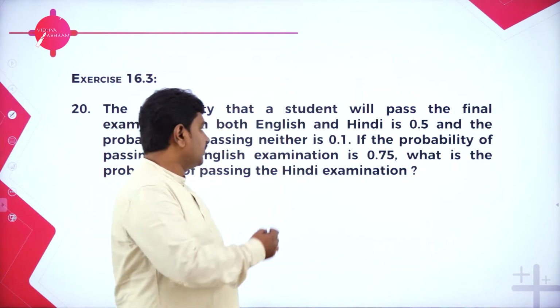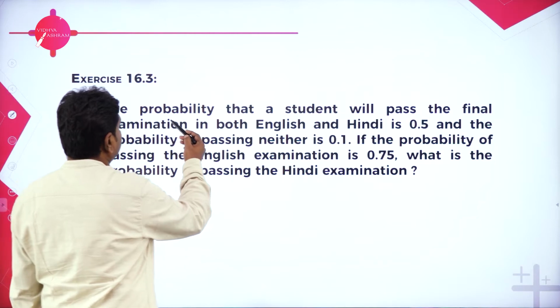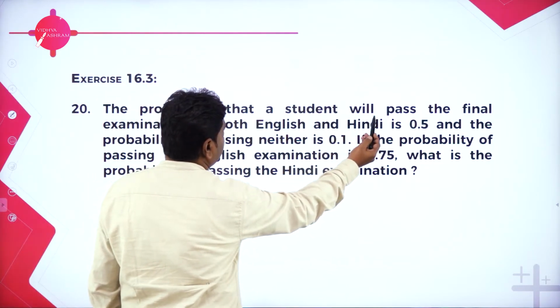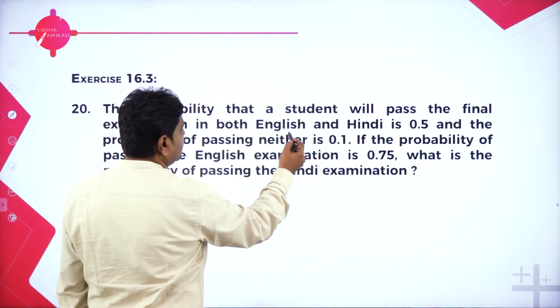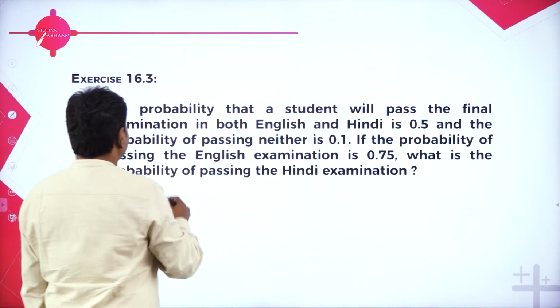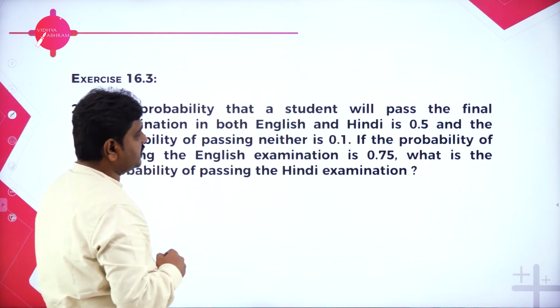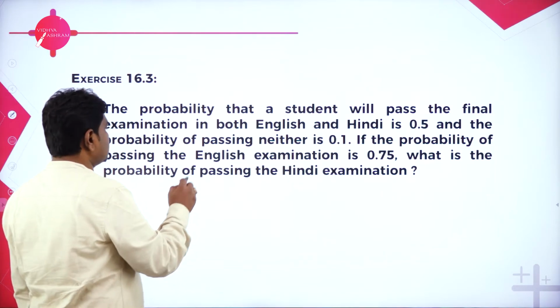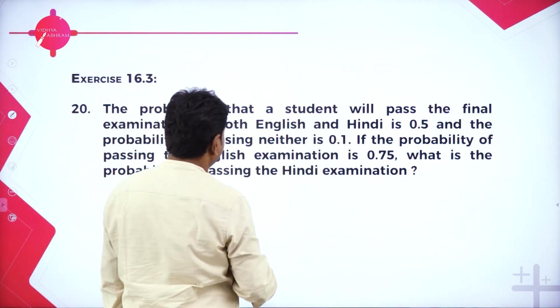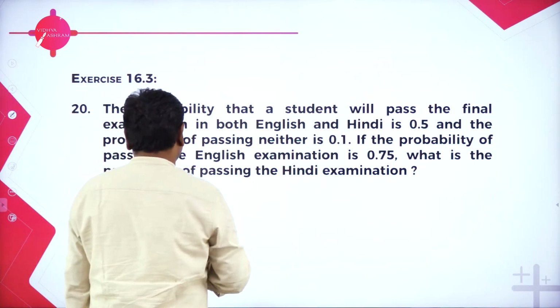Okay, now let us start with problem number 20. The probability that a student will pass the final examination both in English and Hindi is 0.5, and the probability of passing neither is 0.1. If the probability of passing the English exam is 0.75, what is the probability of passing the Hindi exam? That is the question.